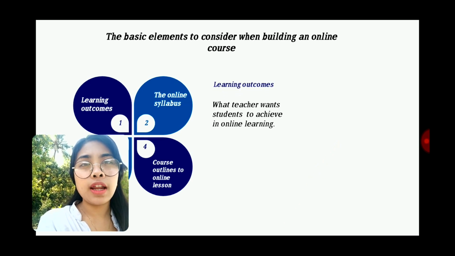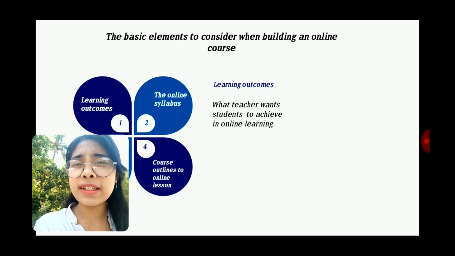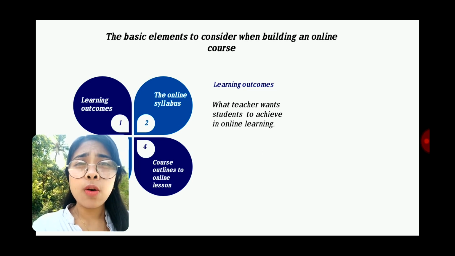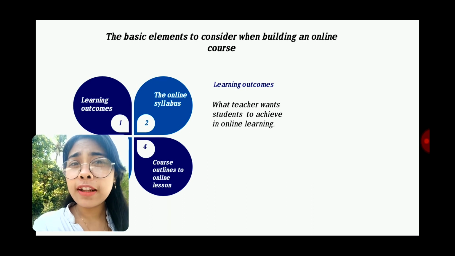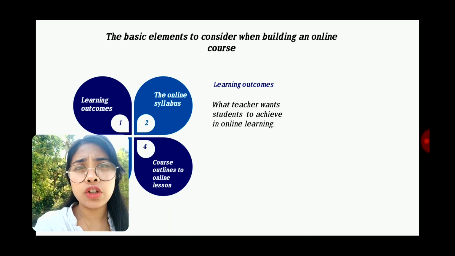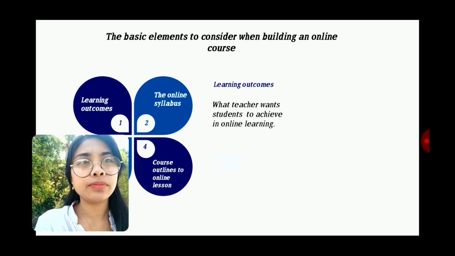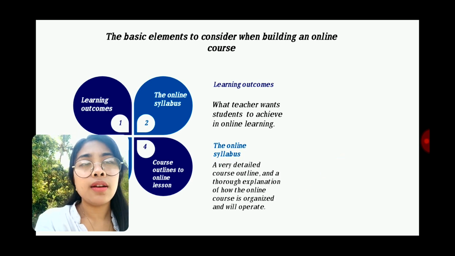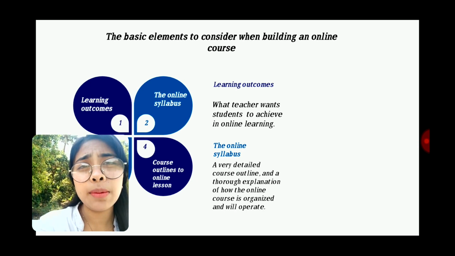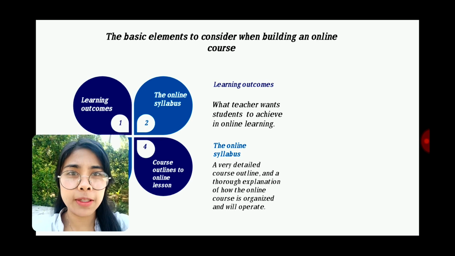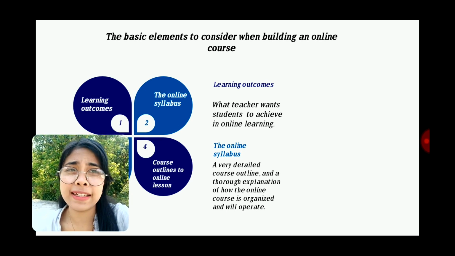The first one, let's talk about the learning outcomes. Learning outcomes are what the teacher wants students to achieve in the online learning. It guides a teacher to develop their online learning. The second is the online syllabus. As I have explained before, it is the overview of the course outline.